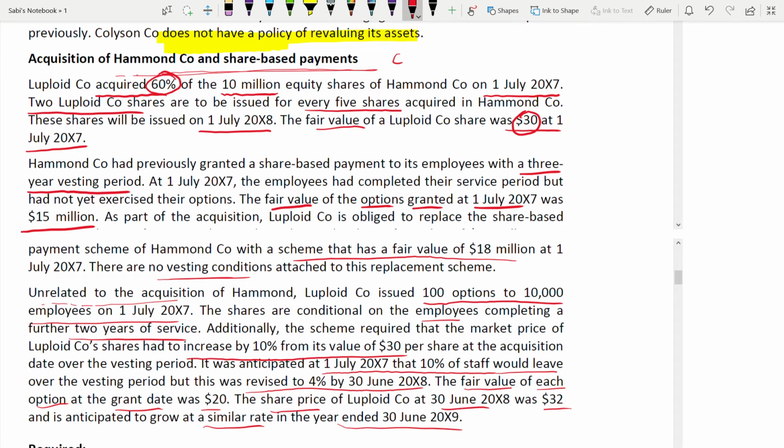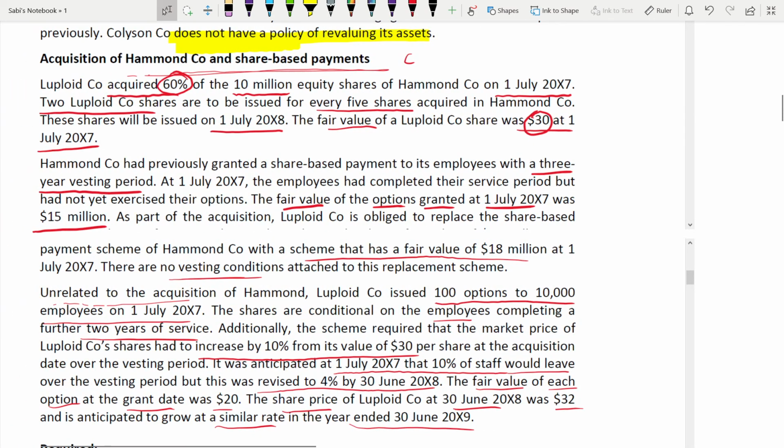It is this one. The fair value of their shares. This you're not taking part of anything of Hammond yet.